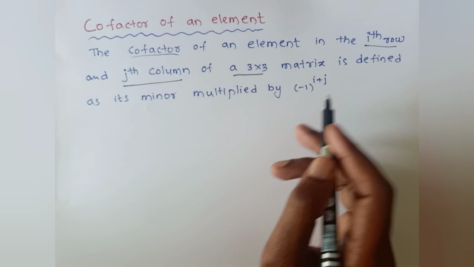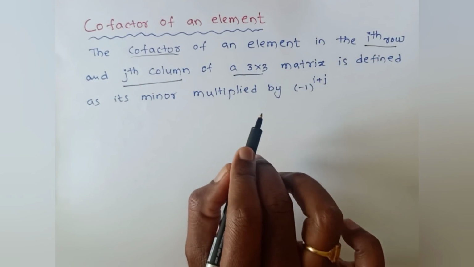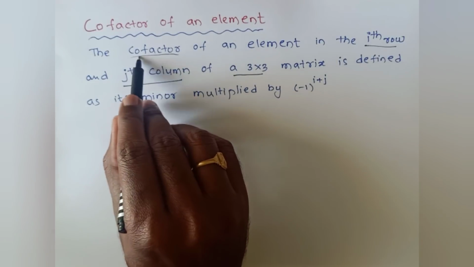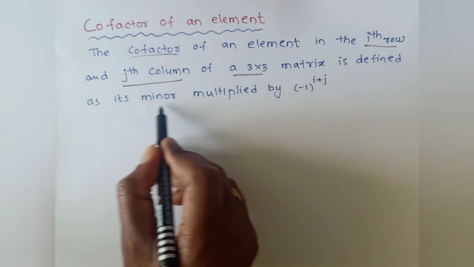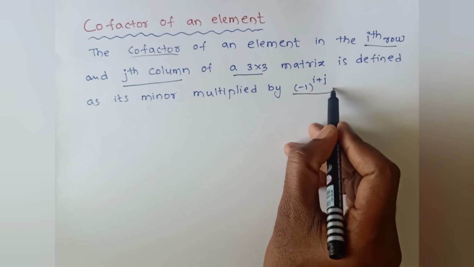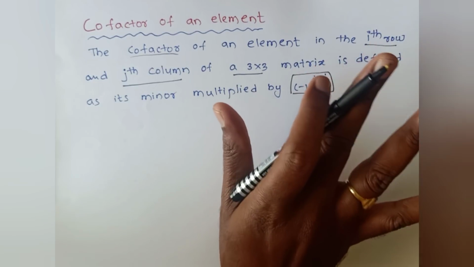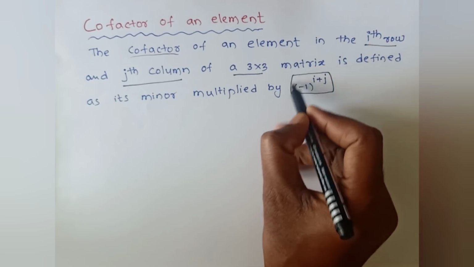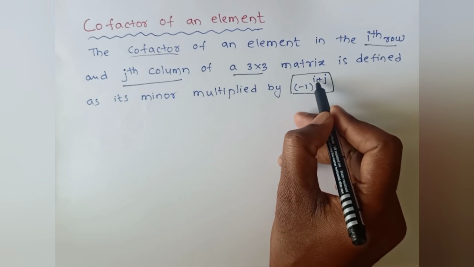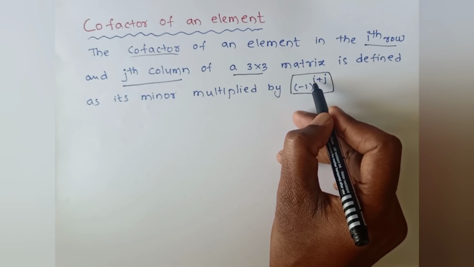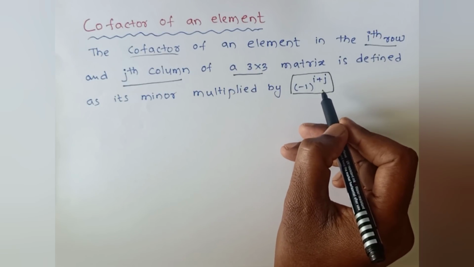For example, for the element that lies in the ith row and jth column of the given 3 by 3 matrix, the cofactor of that element is defined as its minor multiplied by minus 1 to the power of i plus j. Just multiply that minor with minus 1 to the power of i plus j. Here i indicates the row of the element and j is the column of the element.